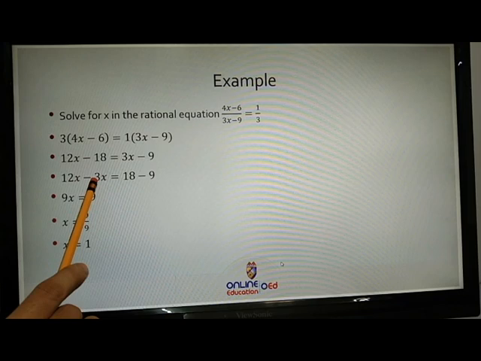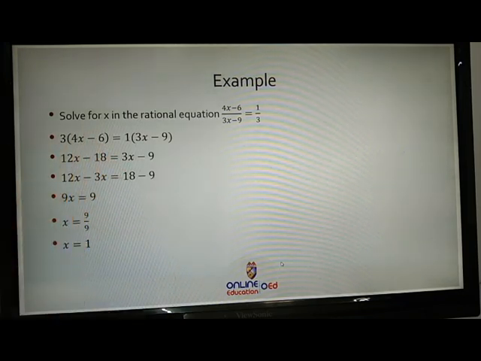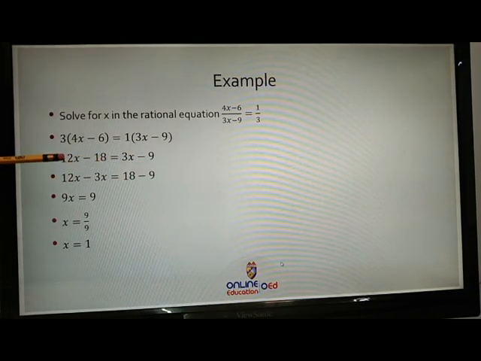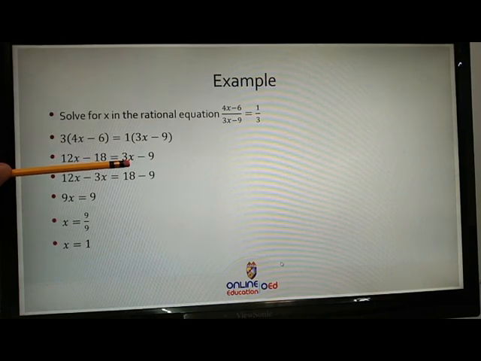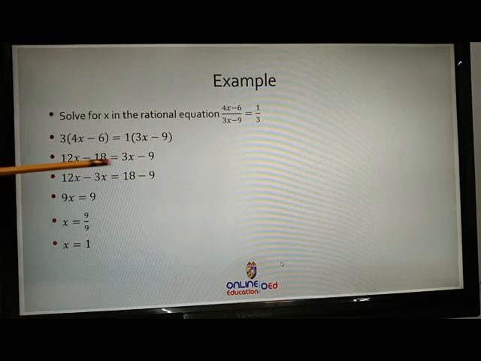Okay? So for us to be able to compute for the value of x, kailangan natin i-combine yung like terms. Ang like terms dito ay 12x and 3x, and then yung dalawang constant natin. So transpose natin si 3x sa left side ng equation by adding negative 3x to both sides.